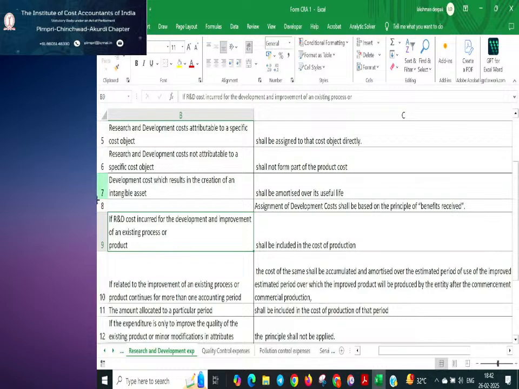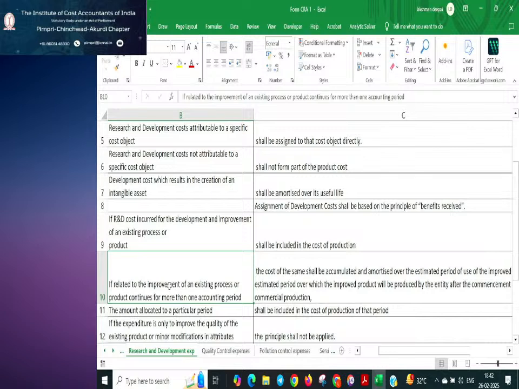But what if the improvement of an existing process or product continues for more than one accounting period? Either you do something on the existing product, innovating on it, and you directly add into the cost of production.